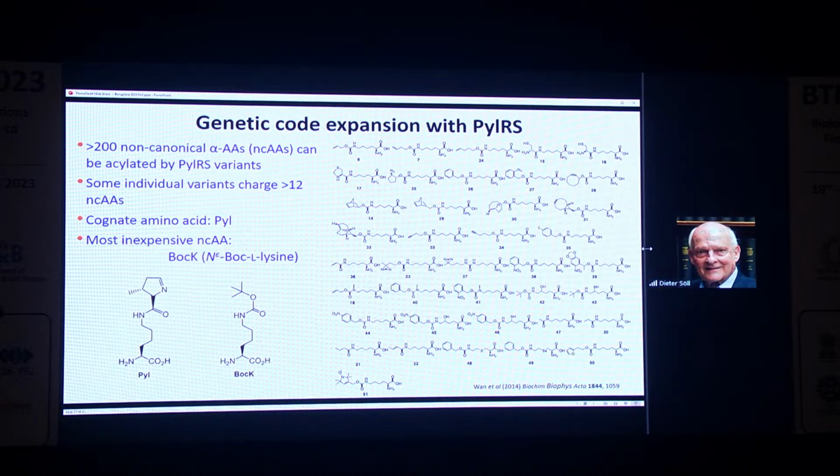It's very, very specific. But the pyrrolysine tRNA synthetase that you see, that everybody uses, has already 4 amino acid changes in it. And this then leads to the polyspecificity of the enzyme.